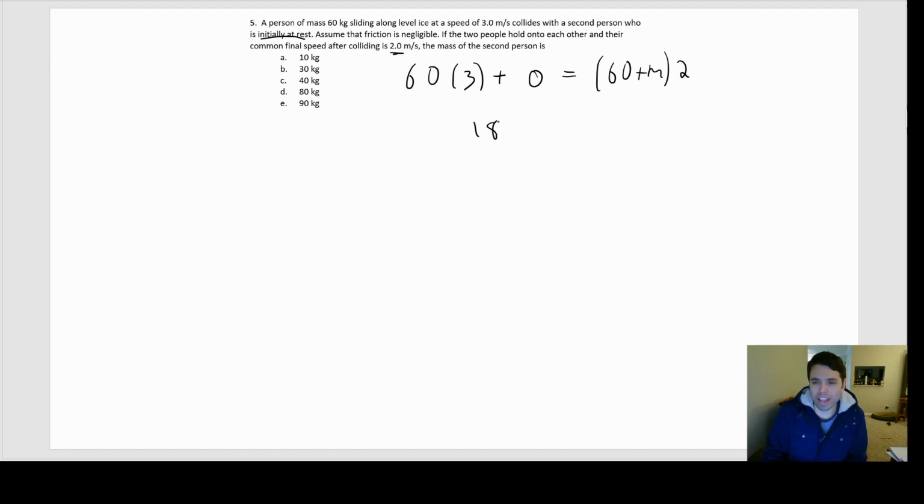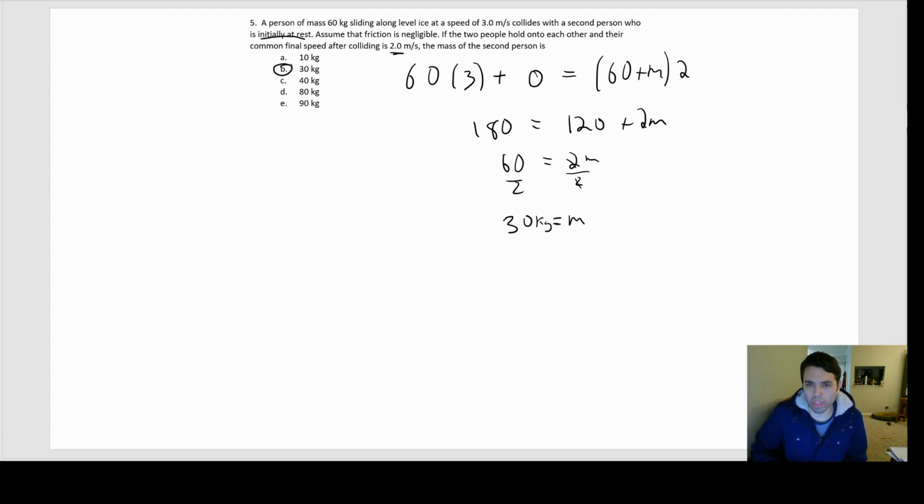So it's 180 on this side, equals, distribute the 2 here, 120 plus 2m, and minus 120 both sides, I get 60 equals 2m, divided by 2, and I get m equals 30 kilograms. The answer is B. So pretty straightforward on that one.